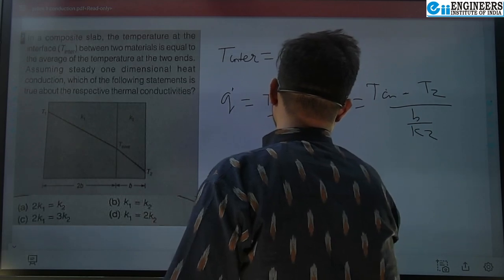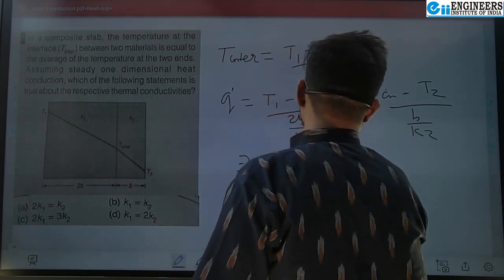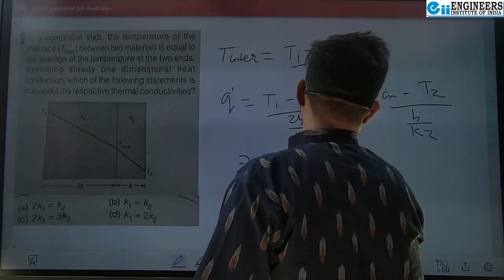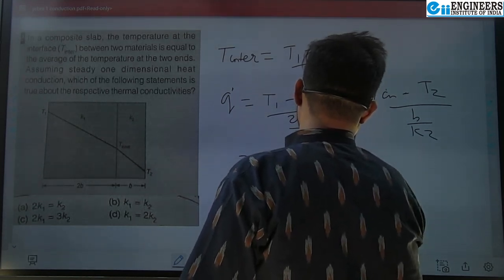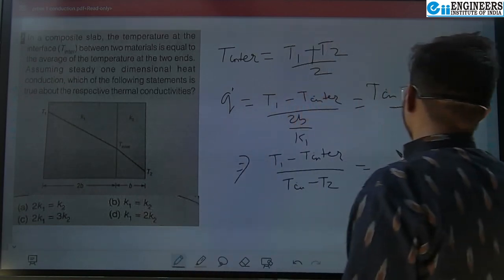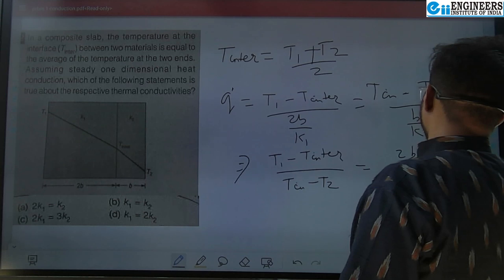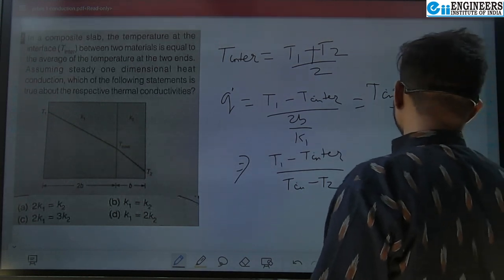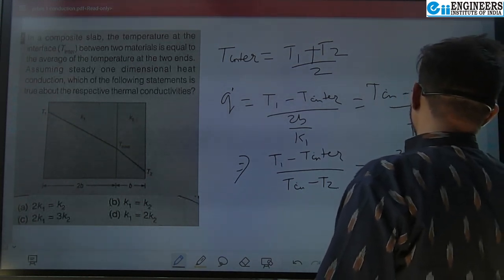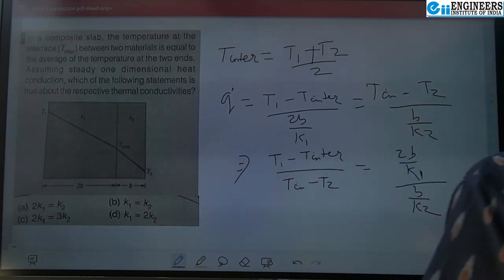Let's make this (T1 minus T inter) by (T inter minus T2) equal to 2B by K1 divided by B by K2, isn't it?